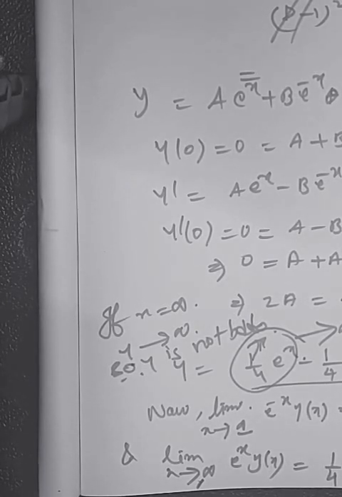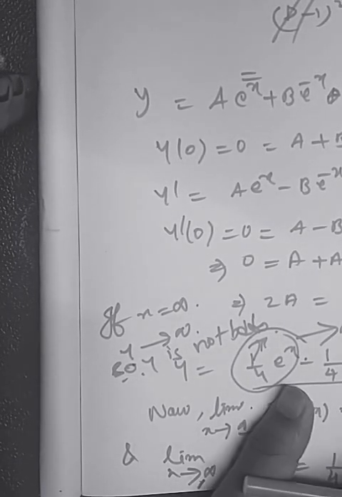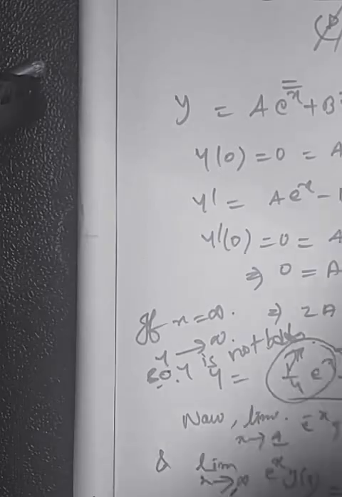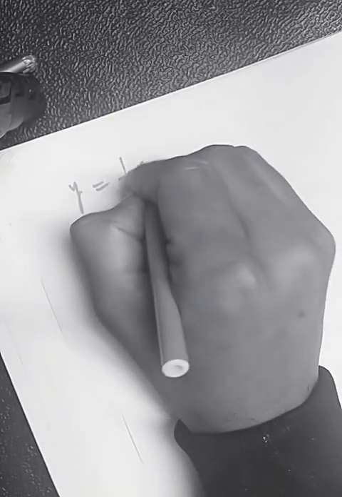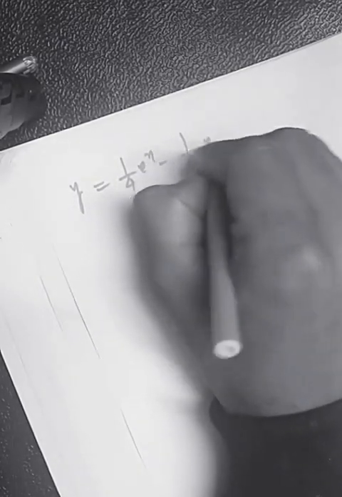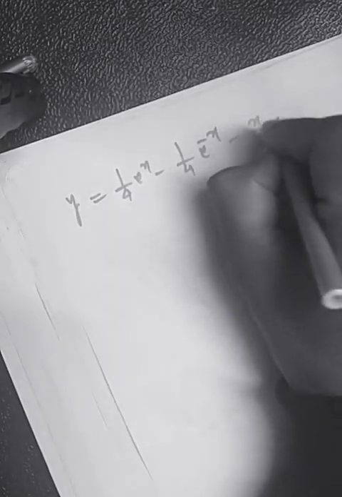So y dash 0 is equal to 0, y double dash. Now coming to the most important thing, that is whether y attains its minimum or not. So y is clearly equal to 1 by 4 e to the power x minus 1 by 4 e to the power minus x minus x by 2 e to the power minus x.